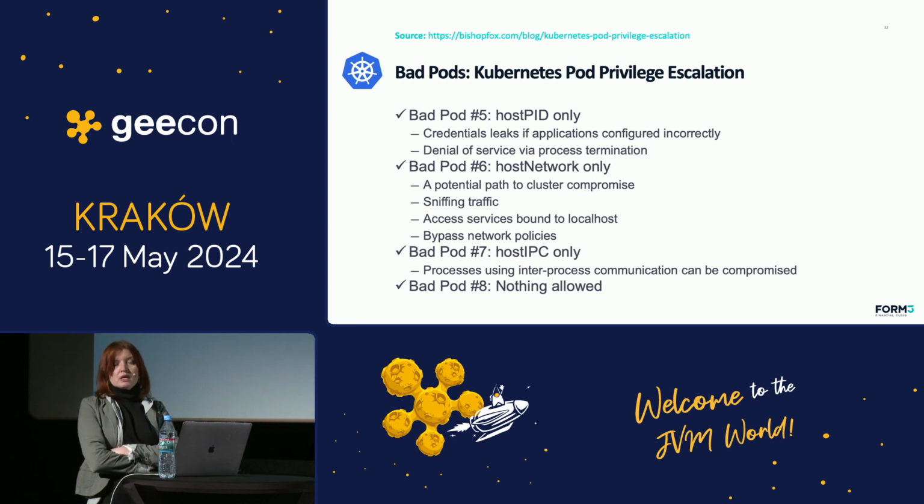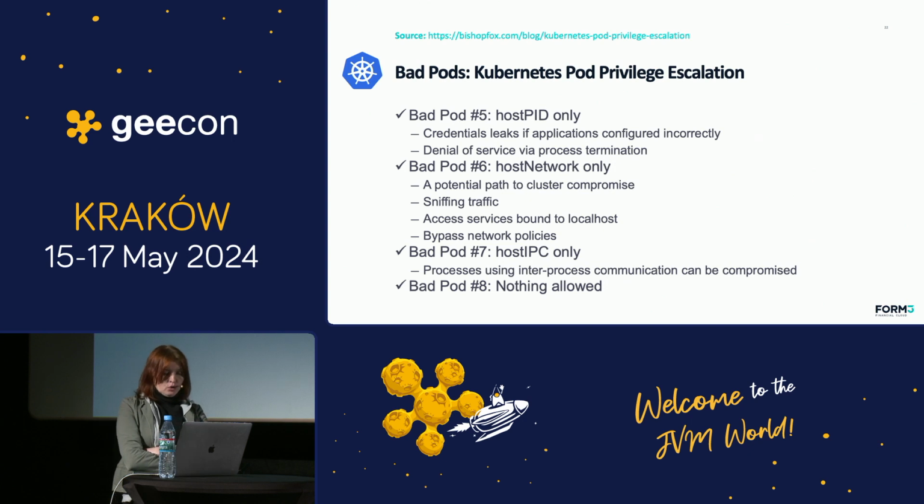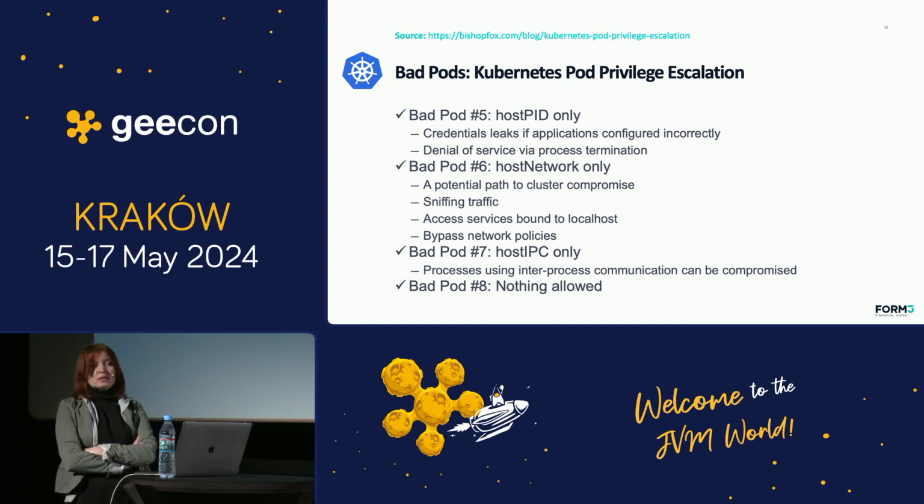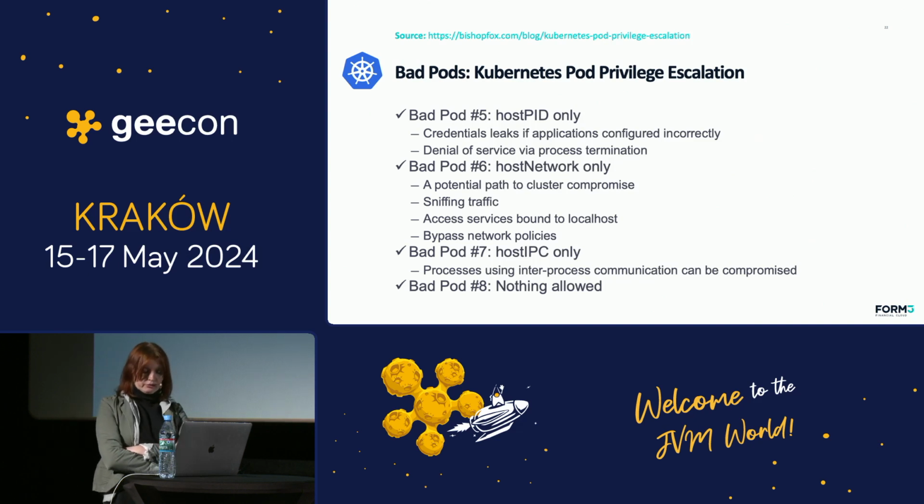So basically this pod could sniff traffic on all network interfaces available on the host. So also with host network, we could bypass some network policies configured in our cluster. So that's another way of a successful attack and another attack vector.